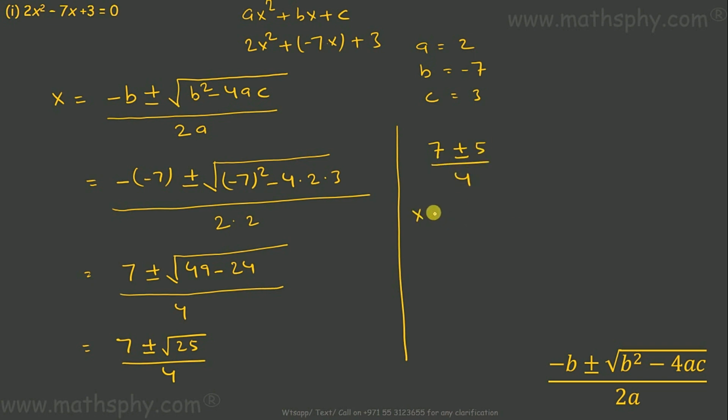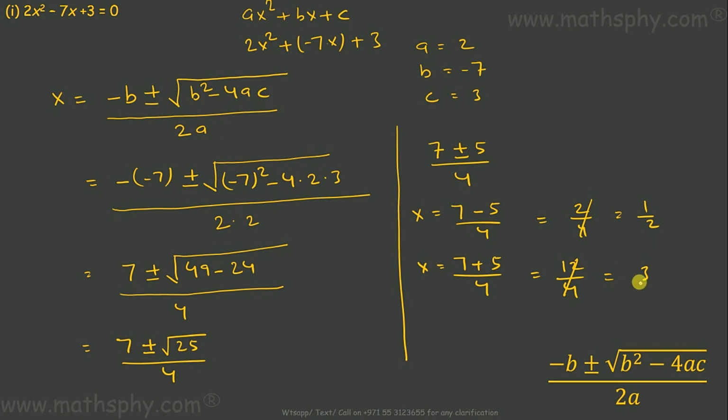So x would be 7 minus 5 over 4. X would be 7 plus 5 over 4. 7 minus 5 gives you 2 over 4. 7 plus 5 gives you 12 over 4. So this will be 1 over 2. This will be 3.